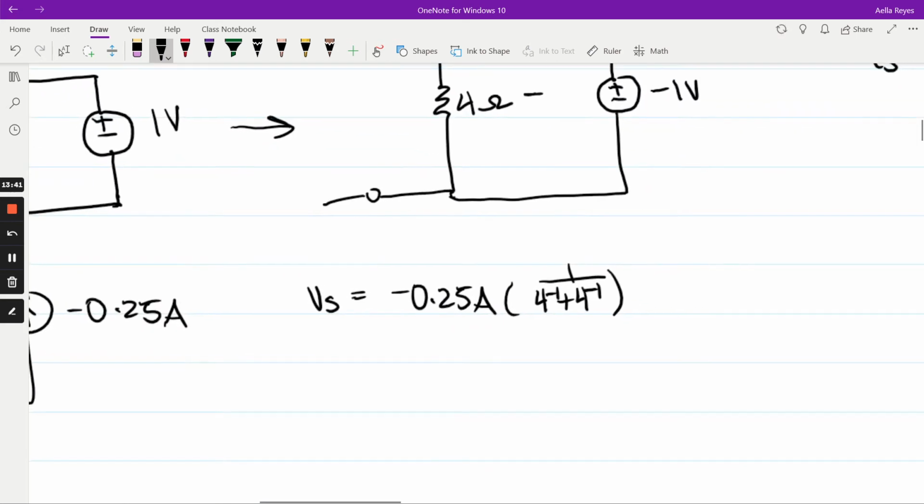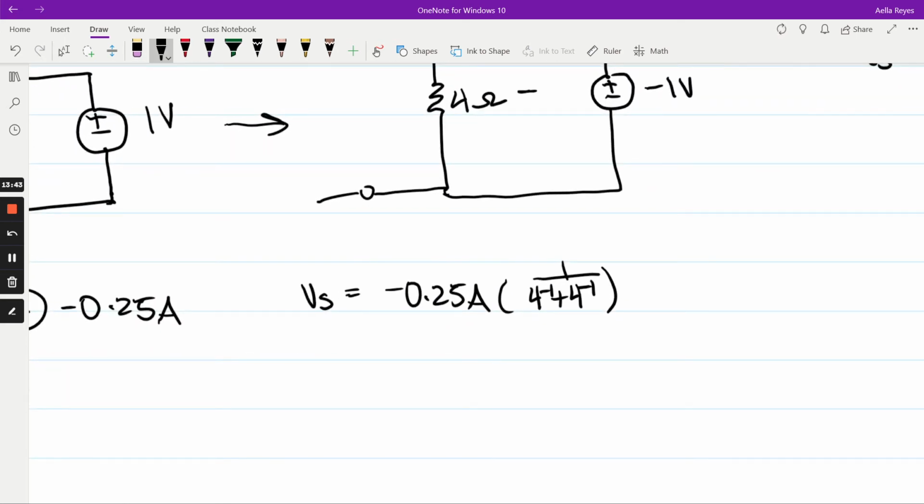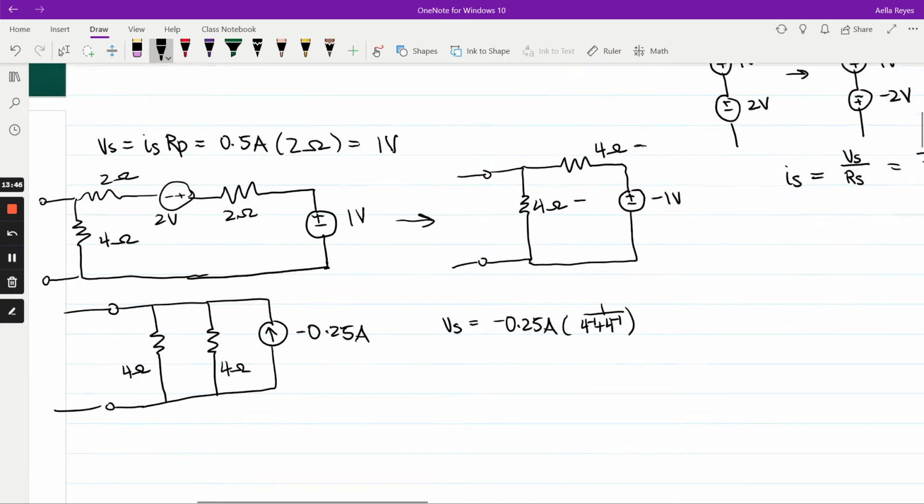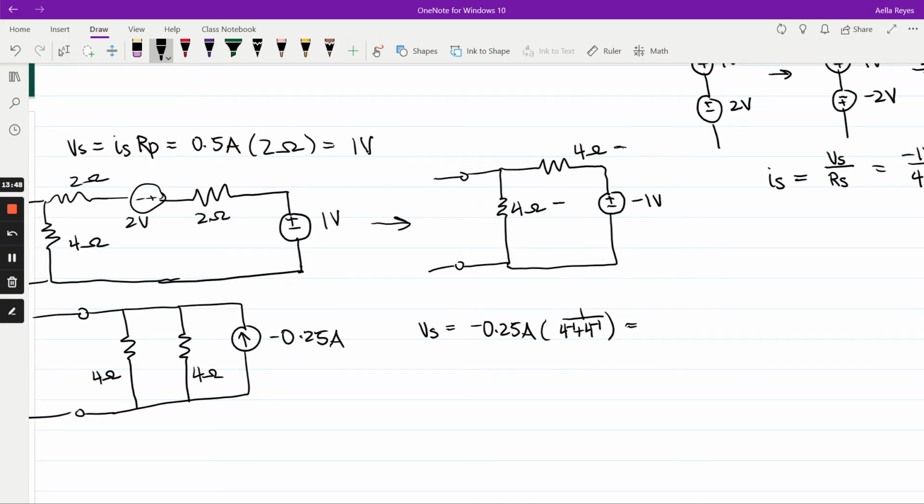So you can see that's 1 over 4 to the -1 plus 4 to the -1. And then when you work all of that out, it's going to become -0.5 volts.